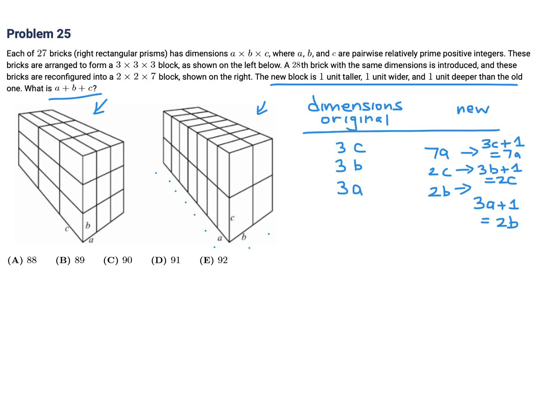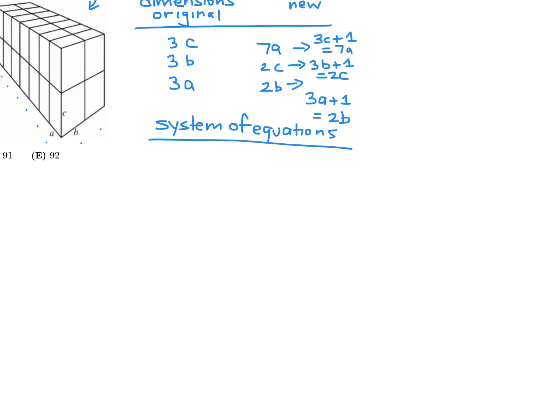All right, so this is a system of equations, and I think we should be able to figure this out. I'm just trying to think, do we actually have to figure out individual values for A, B, and C, or can we just figure out A plus B plus C? I'm not sure, but in any case, since we have 3 equations and 3 variables, we will use a system of equations. We'll call these equations 1, 2, and 3.